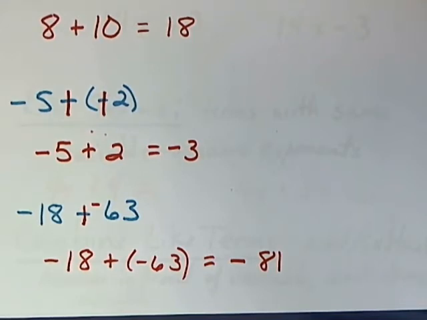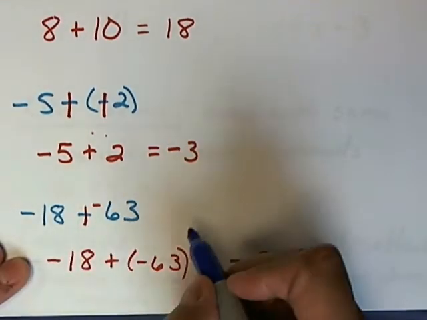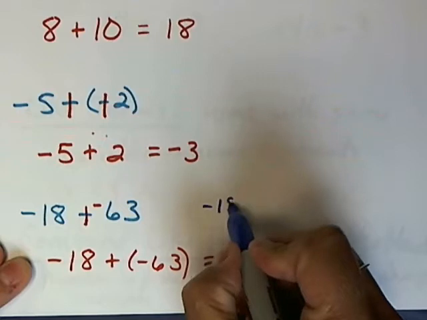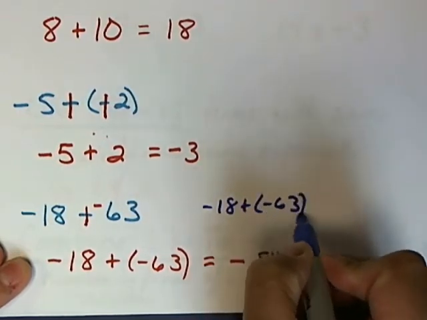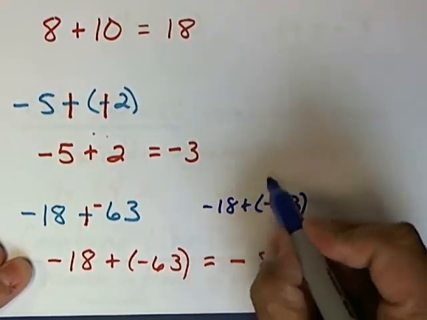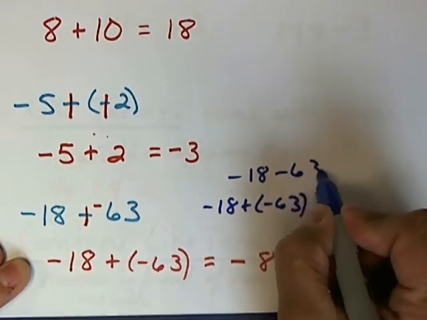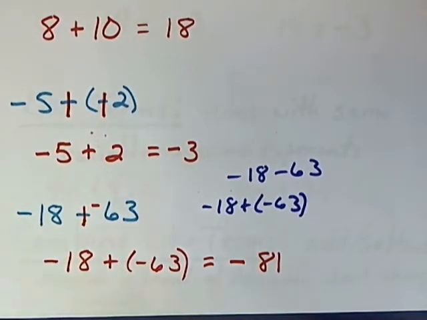The idea is that after you do a number of these changes with the subtraction, eventually you'll see the relationship between something like -18 plus the -63 and the -18 minus 63, so that you won't actually have to do the change.